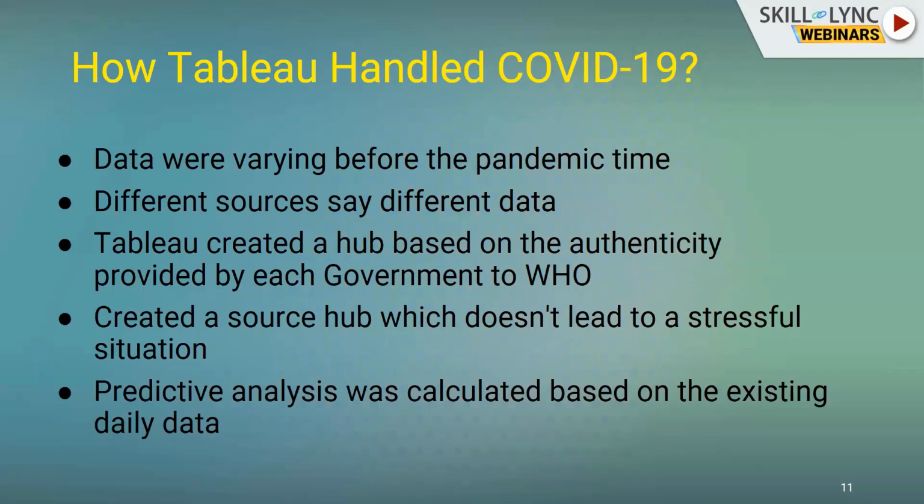Instead of getting it from separate users, Tableau had a direct tie-up with, let's say, the World Health Organization and each country's government repository. They collected all the data, including from the local level, and did a reassurance check on whether the data is correct or not, and then uploaded it. So the data used by news centers, and even by many students who created reports using the COVID data from the government source, started coming from Tableau.